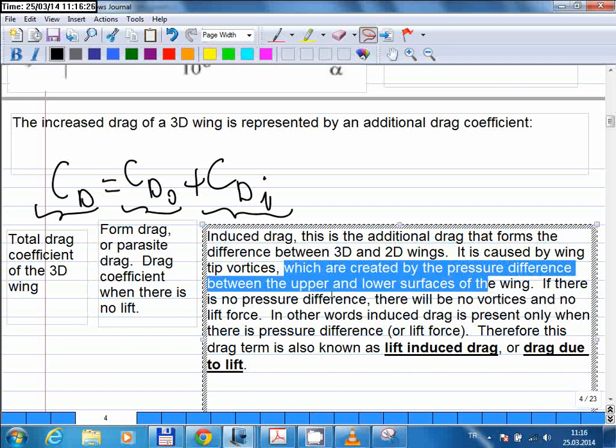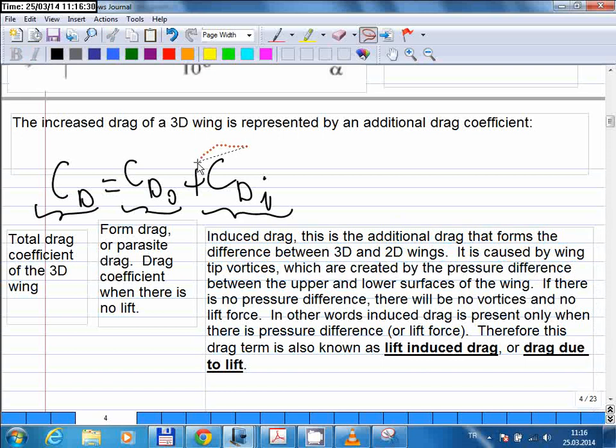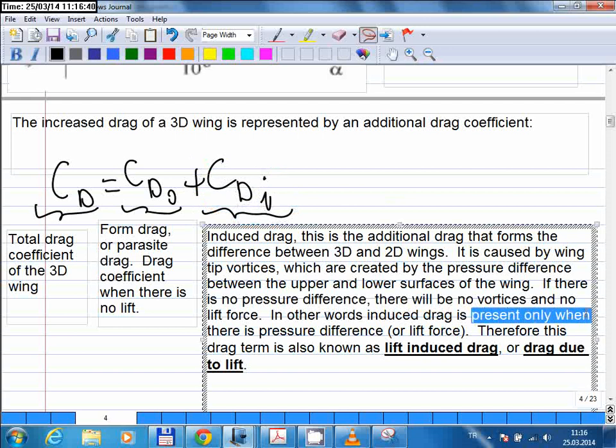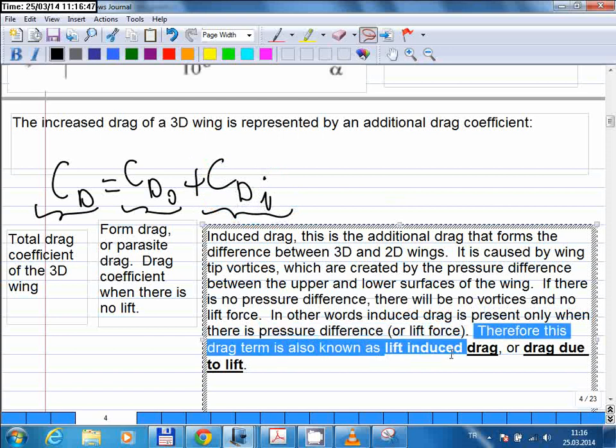And there will be no losses, and that means this term will not be there. It will just be equal to 0 in that case. So in other words, the induced drag is present only when there is pressure difference or when there is lift force. Therefore, this drag term is also known as lift-induced drag or drag due to lift.